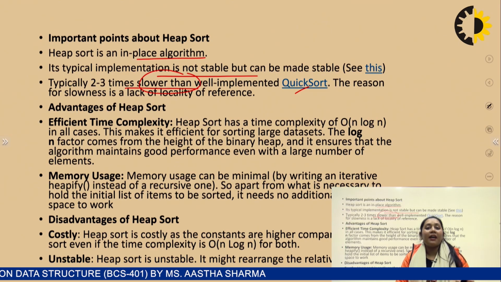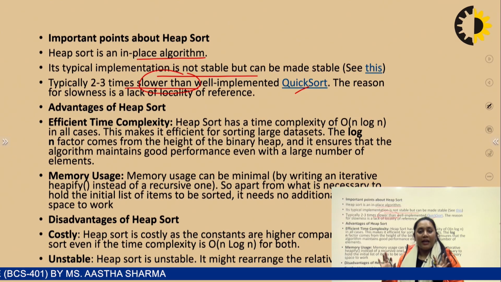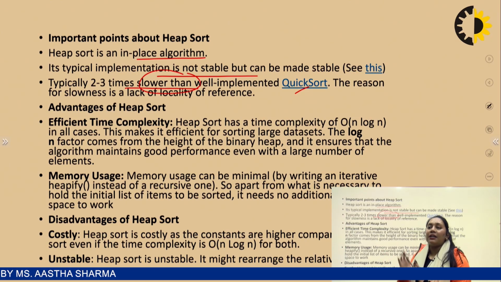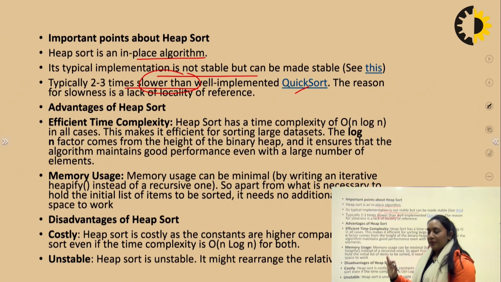After heapifying, you swap the root node with the last node. After that, you discard the sorted element and go again sequentially, again and again until you get the sorted array, right?